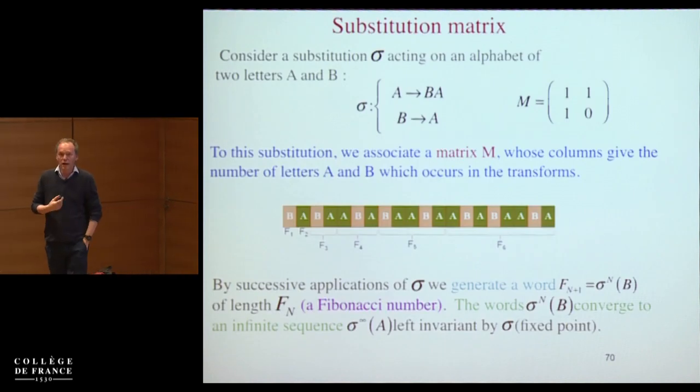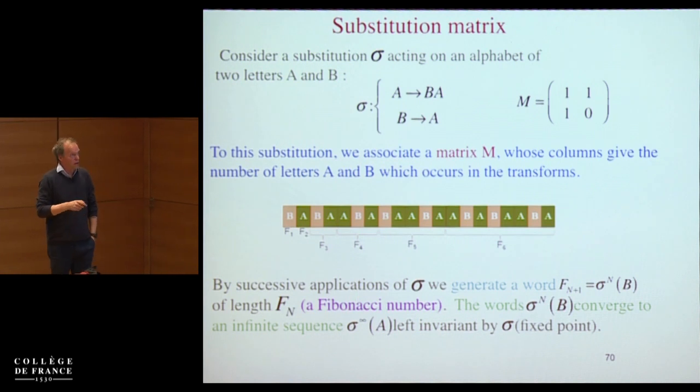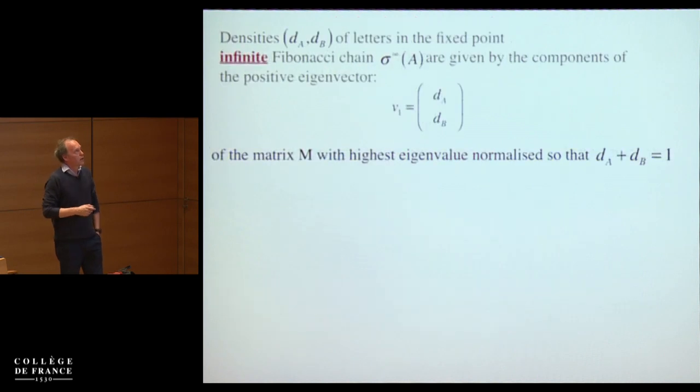First of all, the gap labeling theorem is based on this substitution matrix method. So I remind you what I just said 10 minutes ago, that the substitution matrix goes like this. You have this transformation that can be described using this matrix, and we generate all this. Okay? Now, we can define densities, dA and dB, of letters in the fixed point infinite Fibonacci chains.